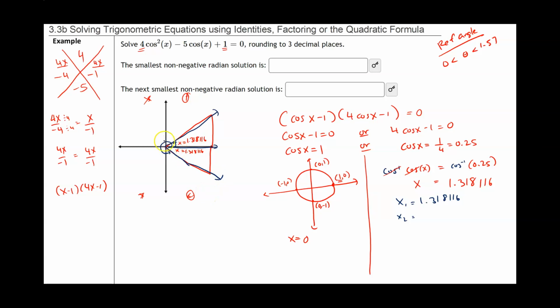Here's what I know: the whole circle is 360 degrees or 2 pi. So if I take 2 pi and subtract off 1.318116, that gives me 4.965 radians as my second angle.